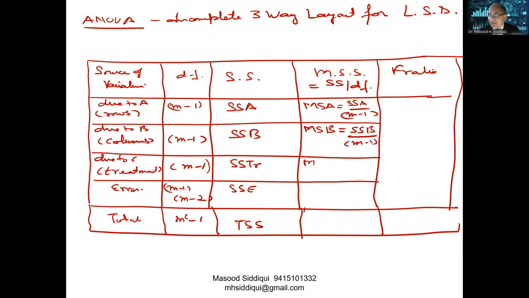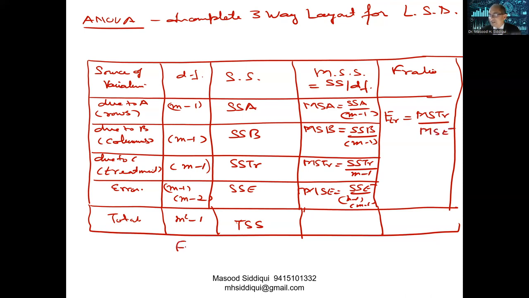Then we have MSTR or MSC, that is SSTR upon m minus 1. The last one is error, that is MSE, that is SSE upon m minus 1 into m minus 2.